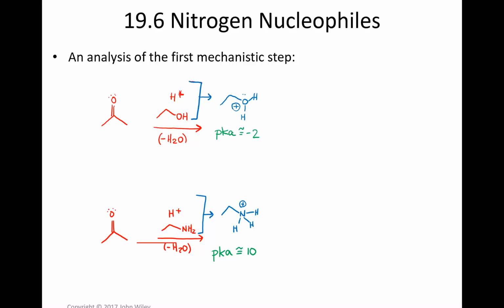So then if we look at the proton transfer reaction between the ketone as the base and the new acid in solution, which is this guy, and we analyze the pKa difference, it's going to be very different. So we'll analyze proton transfer from either the protonated alcohol or the ammonium ion.